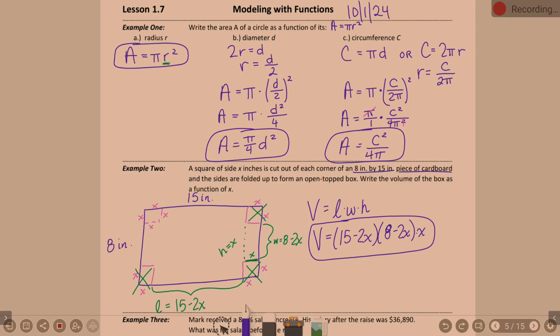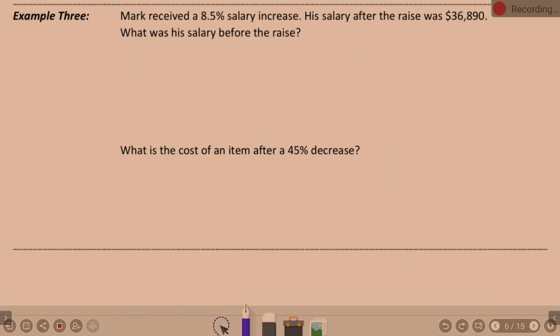Let's talk about Mark. Mark received an 8.5% salary increase. His salary after the raise was $36,890. What was his salary before the raise?